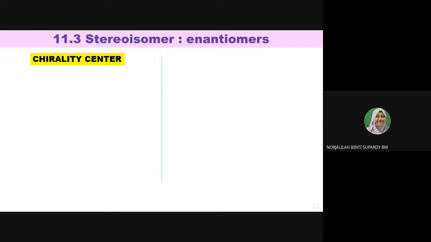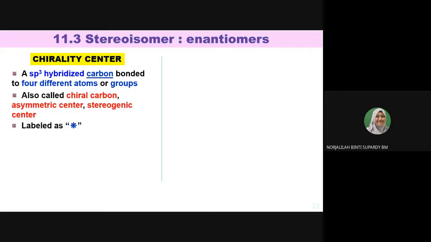So next we have the enantiomers. For the enantiomers, we have the chirality center. The chirality center is the sp3 hybridized carbon atom which is bonded to 4 different atoms or groups of atoms.